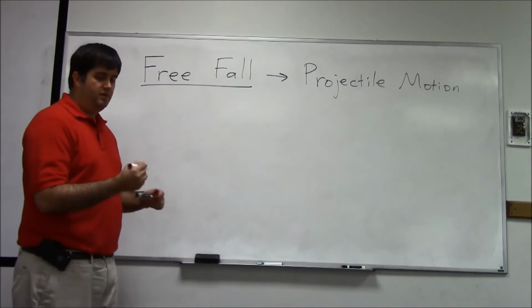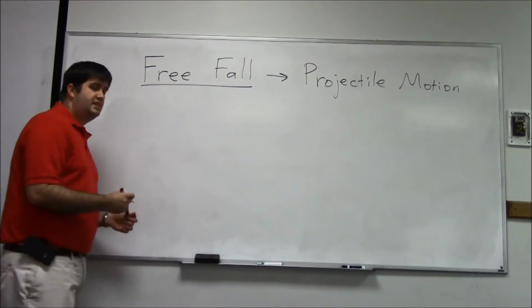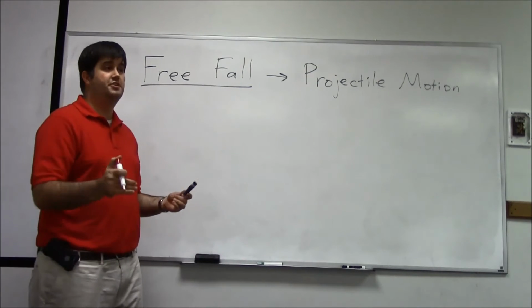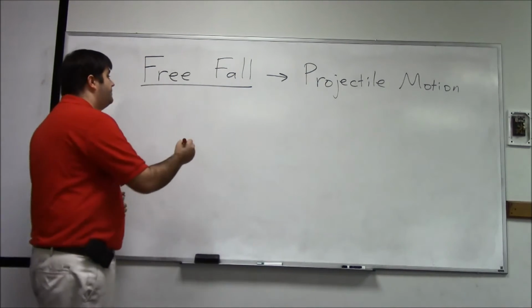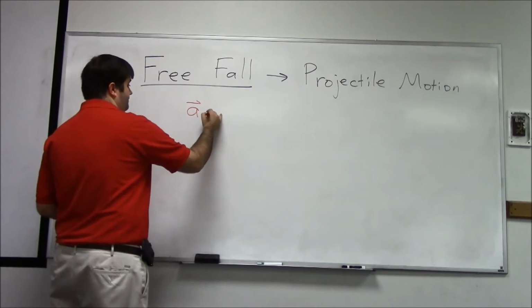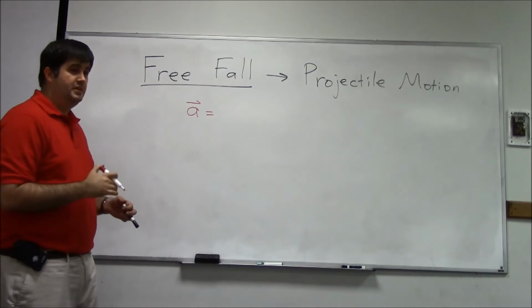The big important thing to remember here is that once something has been released, once it's been fired or launched and it's moving under the influence of gravity, the acceleration due to gravity is still a constant. It's just in three dimensions.